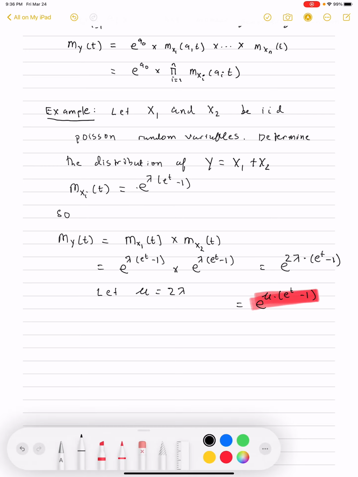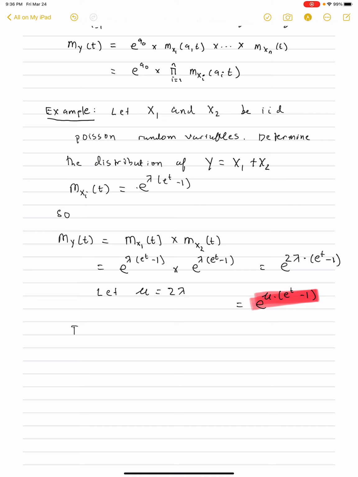By the uniqueness theorem, this matches the moment generating function of a Poisson distribution. So that tells us that Y is Poisson, and its parameter is 2 lambda, twice the mean.